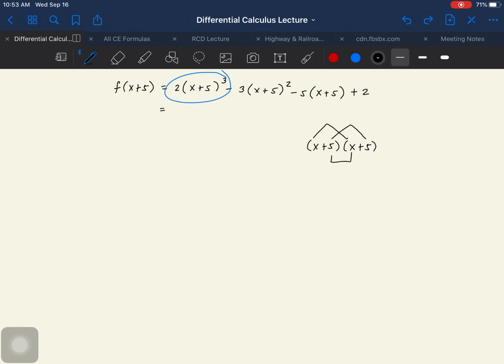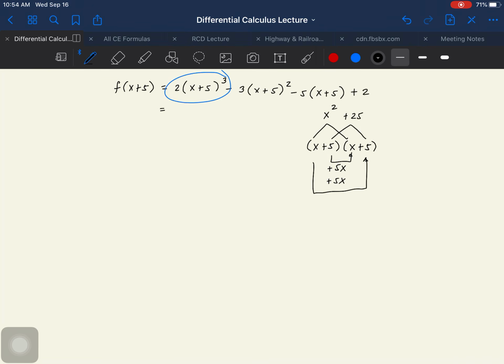So that's what it meant by the house method. Okay, so how is it? X times x becomes x squared. 5 times 5 becomes positive 25. 5 times x becomes positive 5x. X times 5 becomes positive 5x. So this is what I mean. Okay.